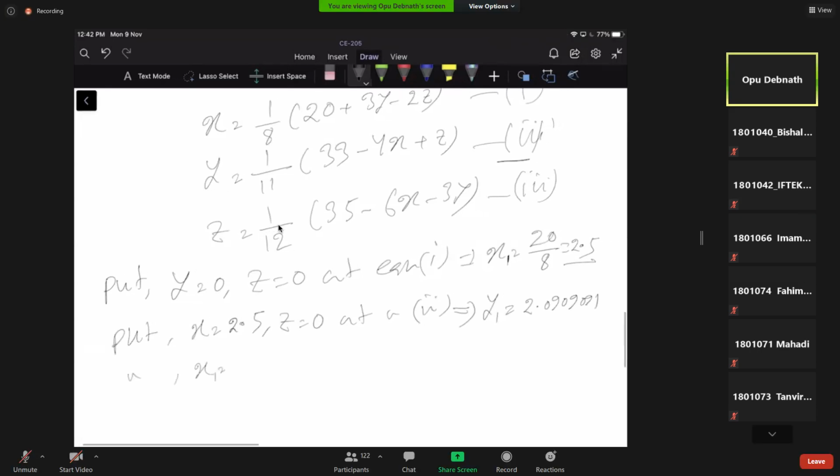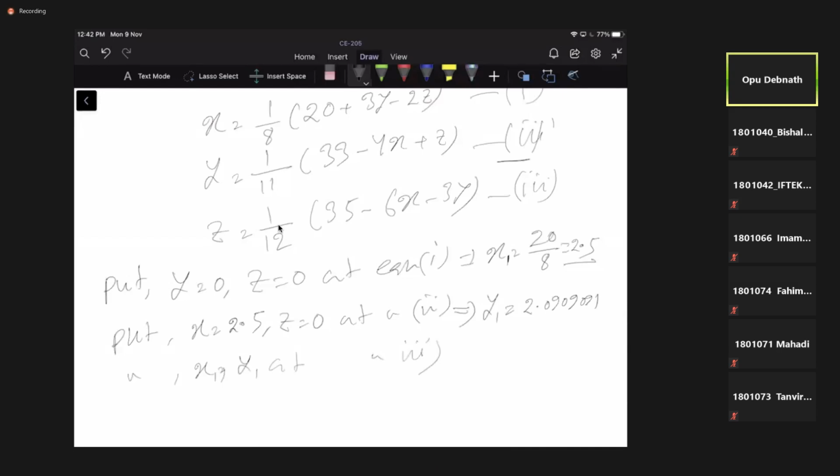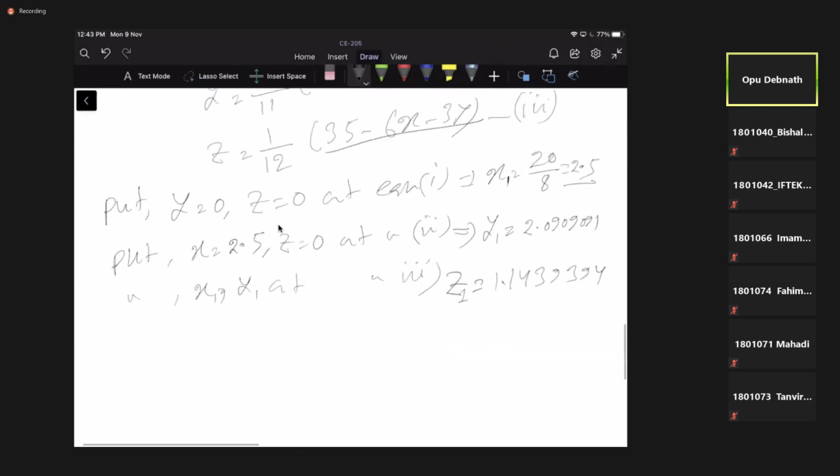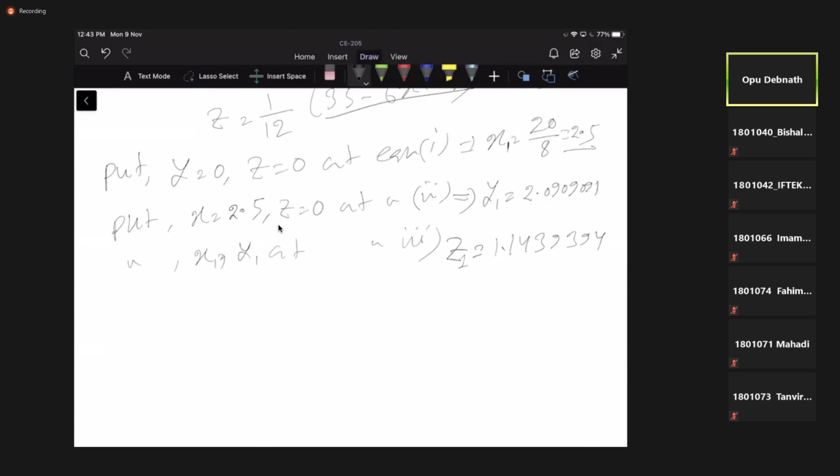Put the value of x1, y1 in equation 3. So if you put this value x1 and y1 in this equation, you will simply find the value of z. This means this is z1. This will be 1.1439394. So here you have the updated values of x1, y1 and z1, and that comes to the second approximation.